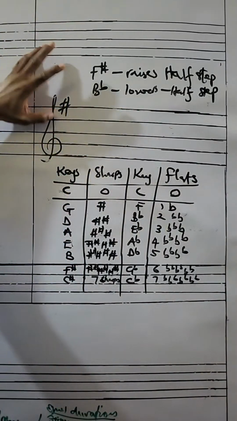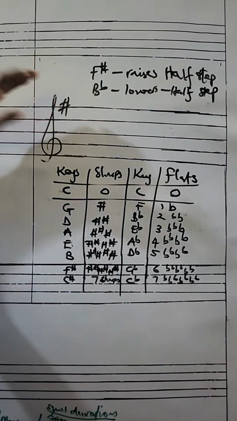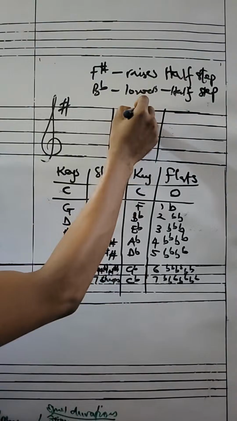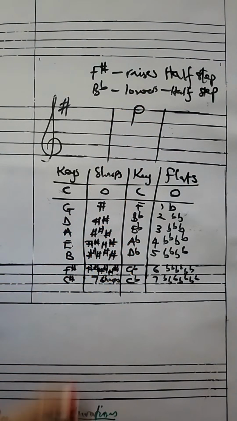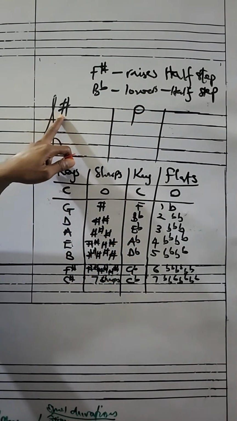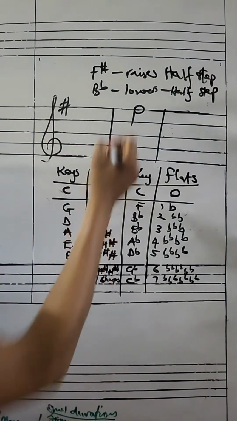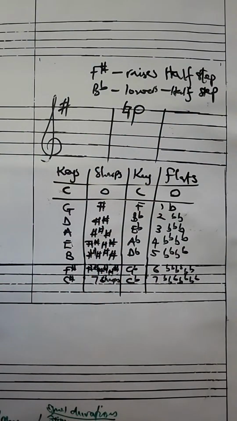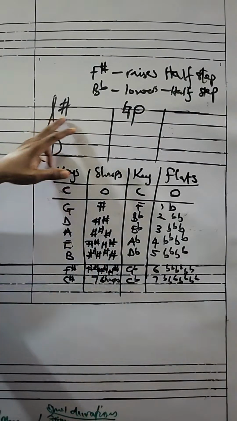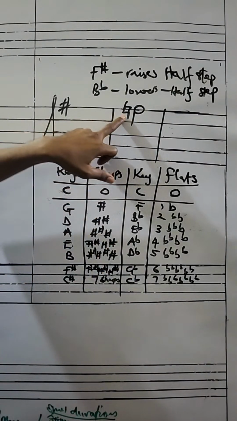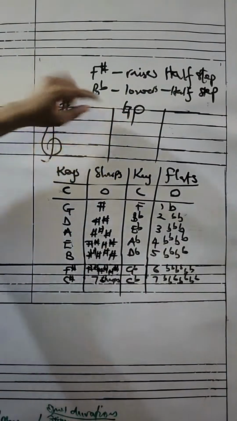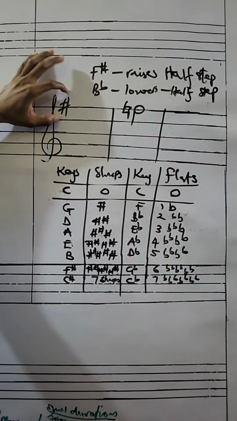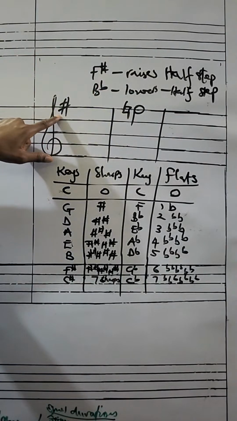This sharp placed at the beginning of this piece of music affects all the F on the fifth line. And I don't want it to be an F sharp. What I will place here is F natural. I'm going to place a natural sign here. This natural sign removes the effect of this sharp placed at the beginning of the song.